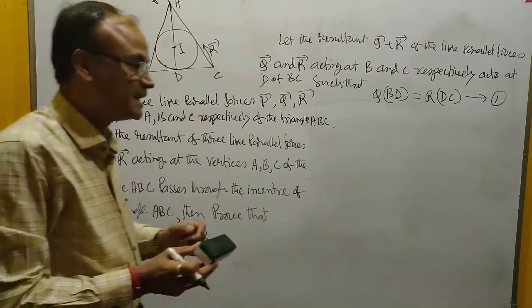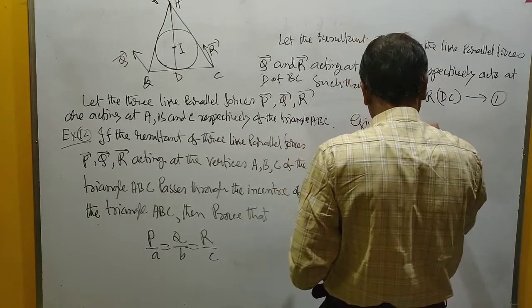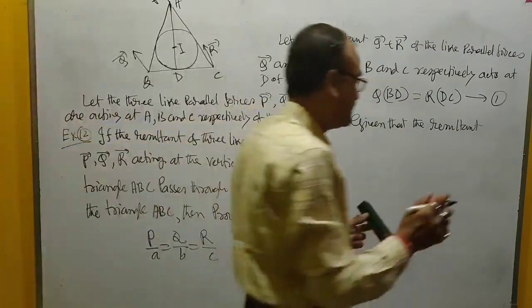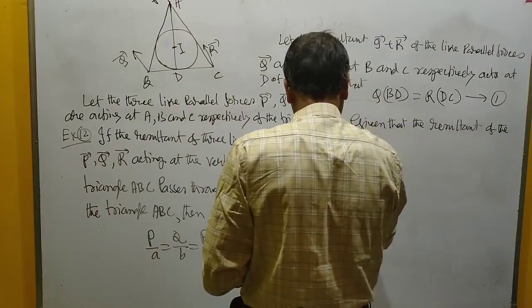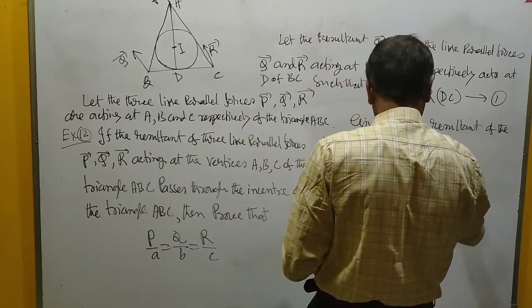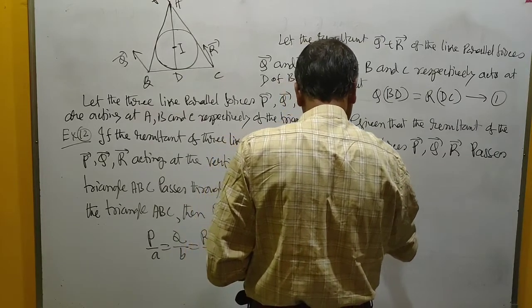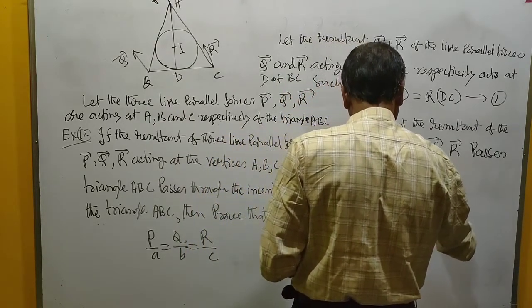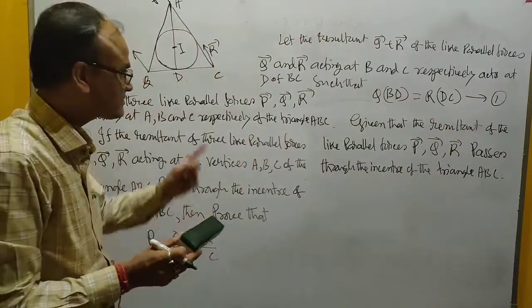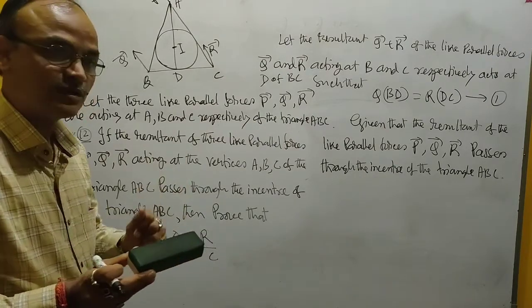Now, given that the resultant of the three like parallel forces P, Q, R passes through the incenter of the triangle ABC.